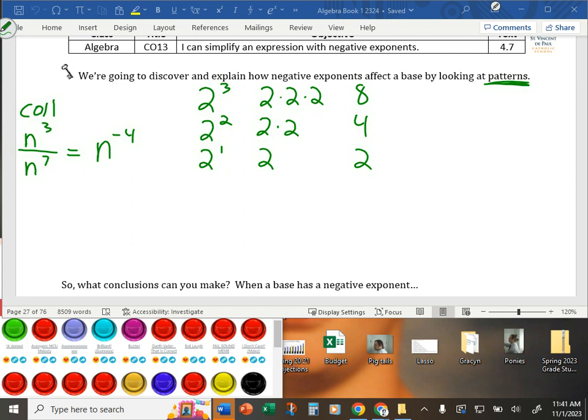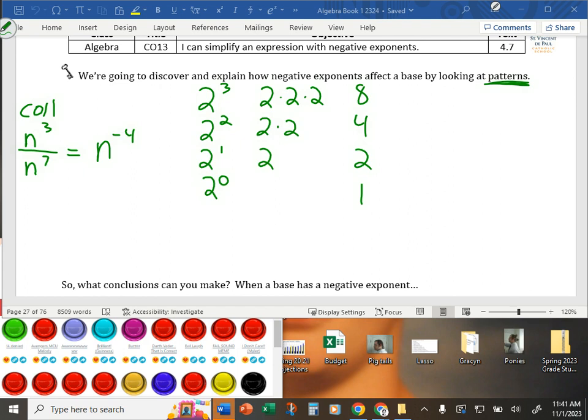The next exponent I'm going to drop down to is 2 to the 0 power, decreasing by 1. And what is 2 to the 0? It is 1. Does that follow the pattern? Half of 2 is 1.